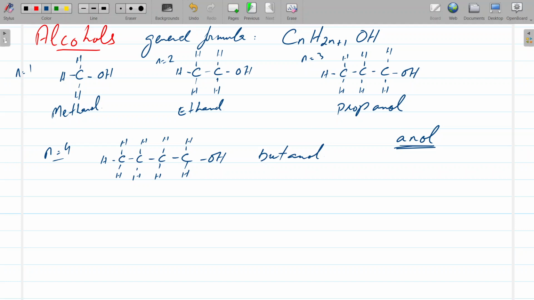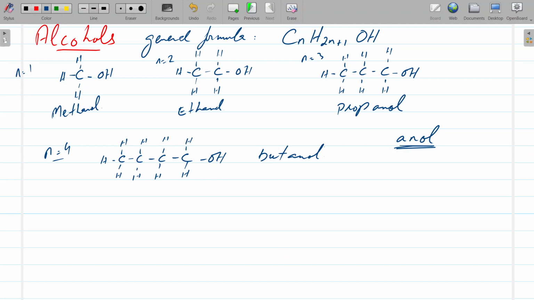Pentanol. So the point is you end with anol and you add the prefix, which is either meth, eth, prop, but, or whatever.